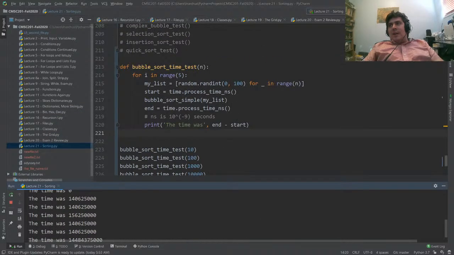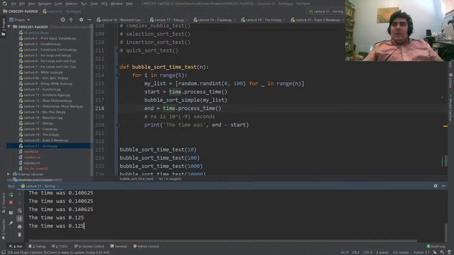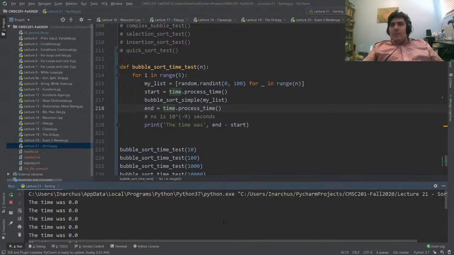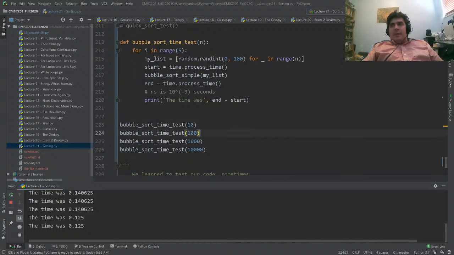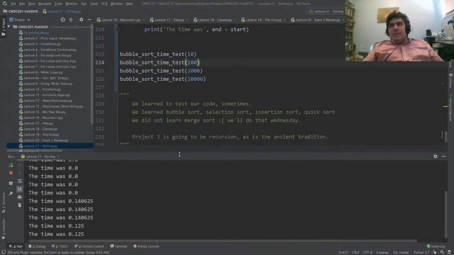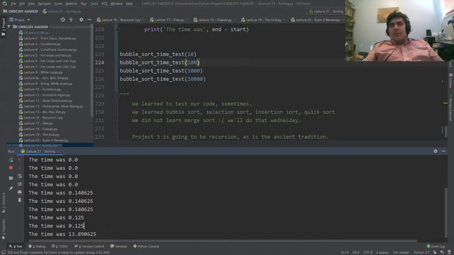Let's just use process time and see what it tells us then. So, yeah, let's hope that it gives us some better results for the next one. It's giving us a lot of zeros. That's unfortunate. Ah, well, I guess that's fine.